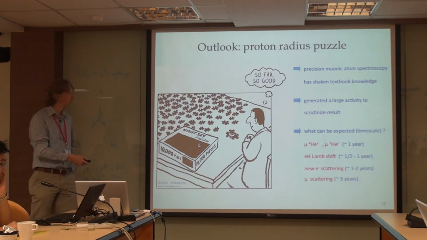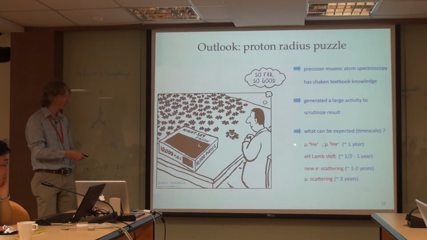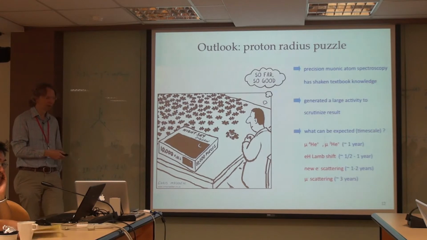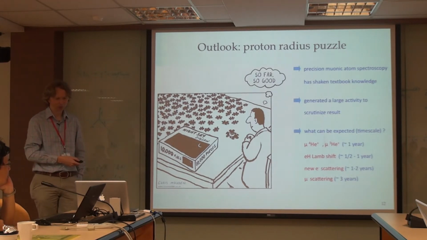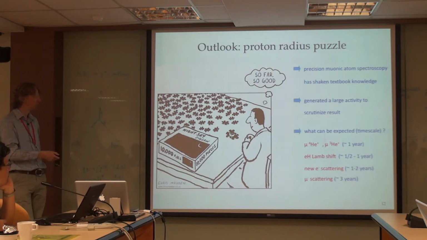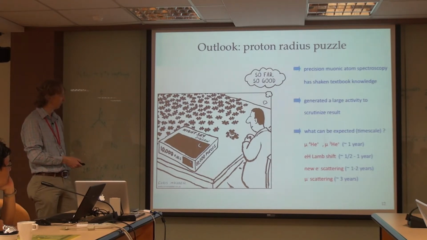And as I just showed you, I actually made this slide already a few months ago. So results on muonic helium-4 were already shown, and helium-3 have been shown very recently. So this is already something which is there. The electronic hydrogen Lamb shift result will be there in half a year from now, so that will give a new element in this puzzle.